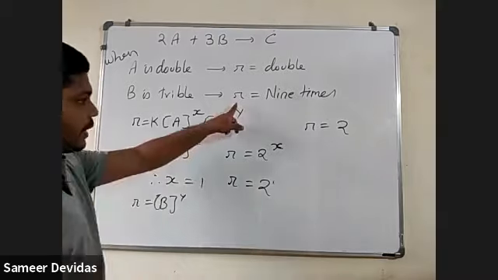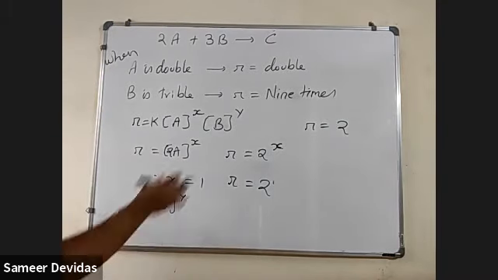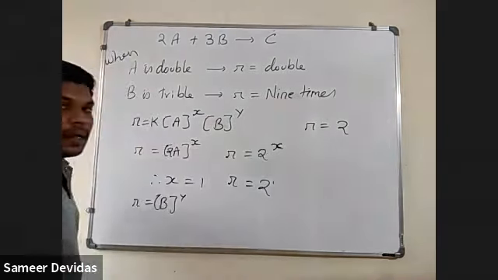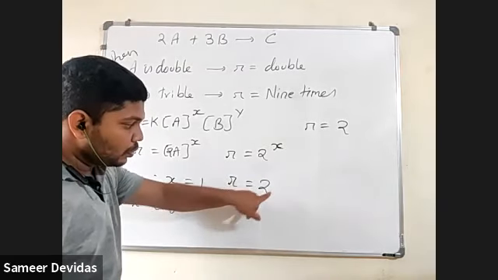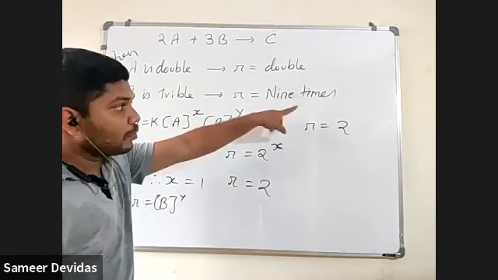So what is the meaning of that? R becomes how many times? 9 times. Like how you got R equal to 2 earlier, now you should get R equal to 9.